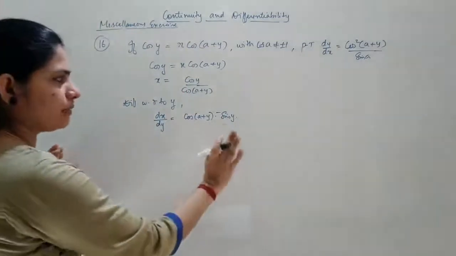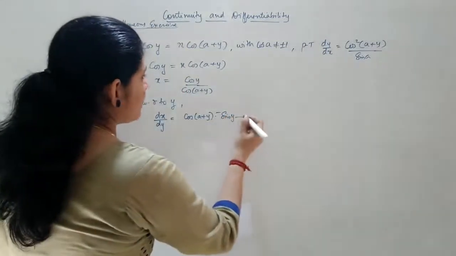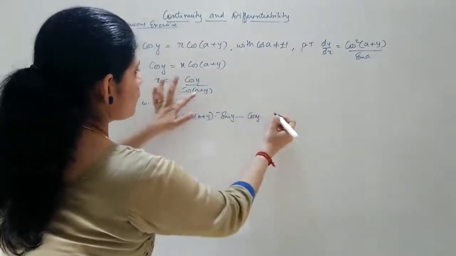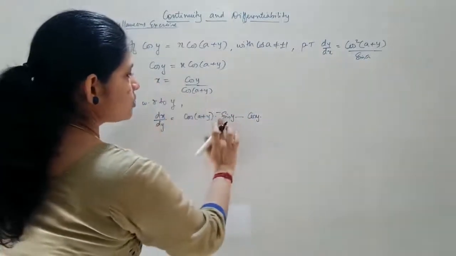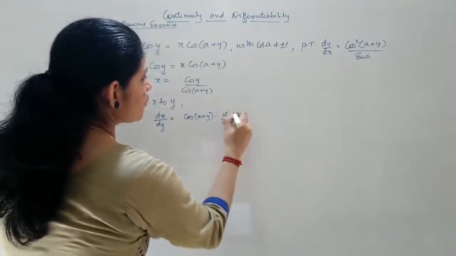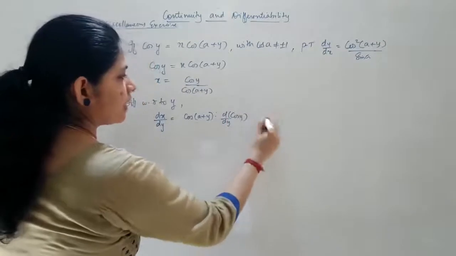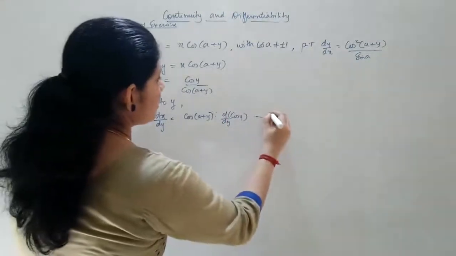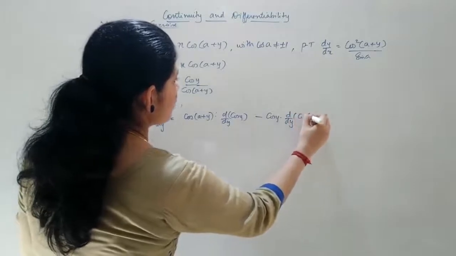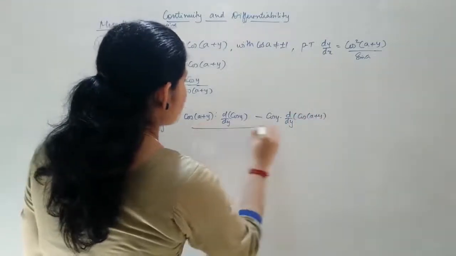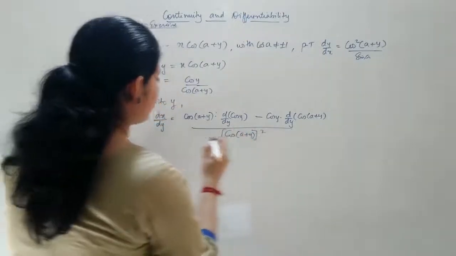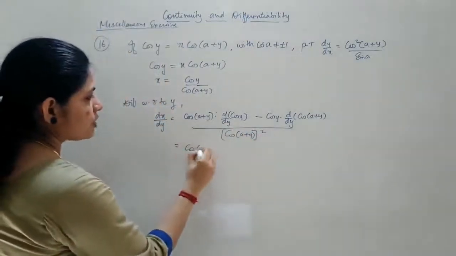So you are writing only minus sin y, minus cos y into d by dy of cos of a plus y, divided by cos of a plus y the whole square.